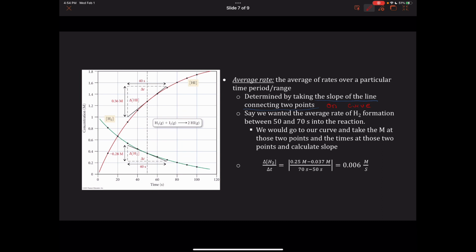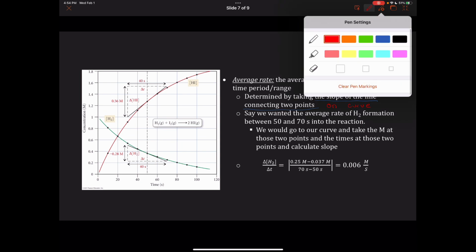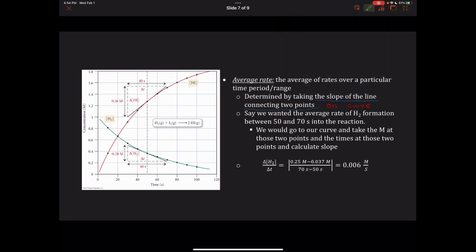So say we want to know the average rate of hydrogen formation between 50 and 70 seconds. What we would do is we would go to our curve and we would find 50 seconds. So it's going to be right here. And we're going to find 70 seconds, which is going to be right here. We're not on that tangent line anymore.